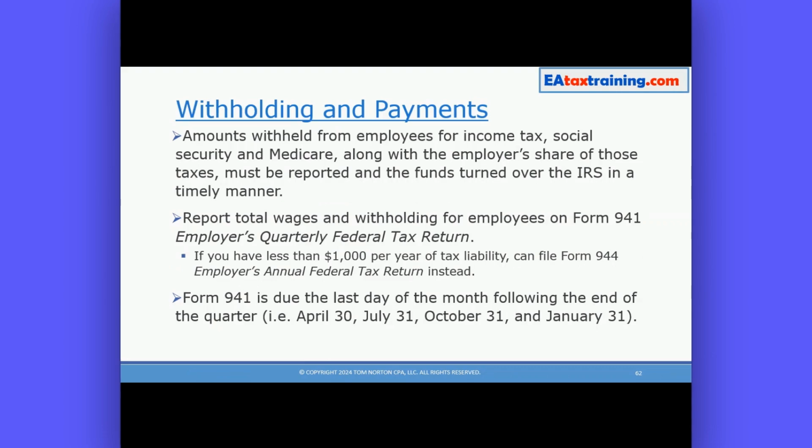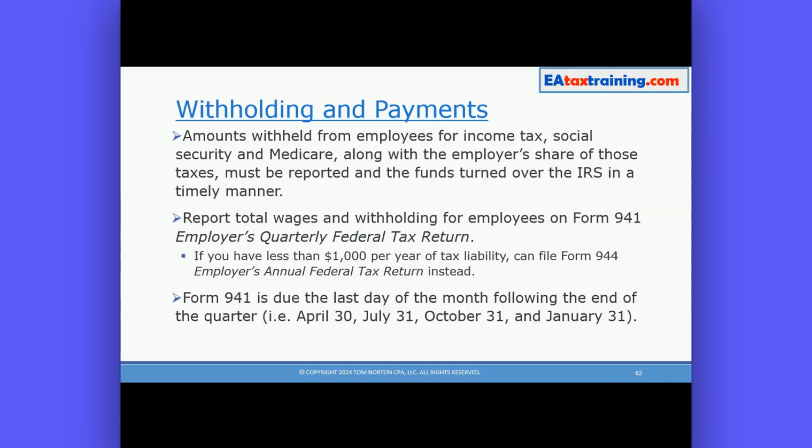For reporting purposes, you have to report quarterly. So you use Form 941, which is the employer's quarterly federal tax return. Now, if you have less than $1,000 per year of all of this withholding and amounts due, then you can actually report annually on a 944. But the vast majority of businesses are going to report quarterly on the 941.